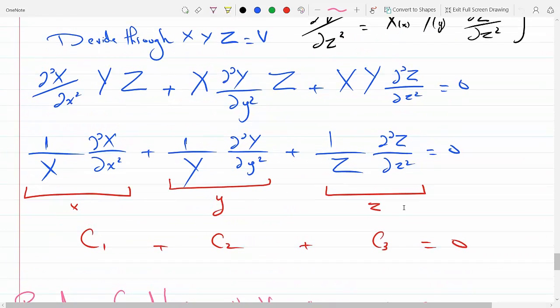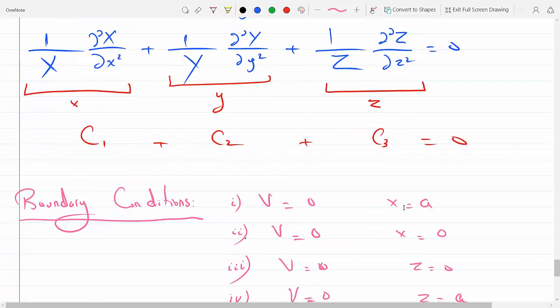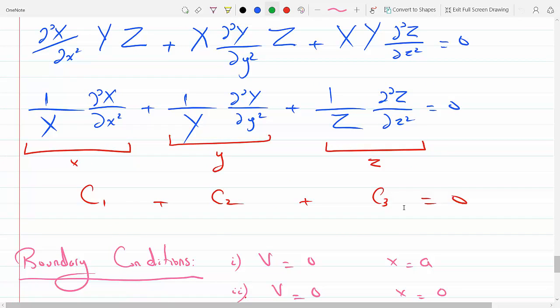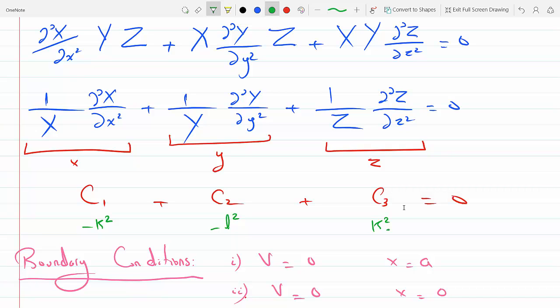Since those are 0, you would want the x and z terms to be sinusoidal. So you would label this minus k squared, for example, so that it can go to sines. I'll show you in a second that it does, and you can label this minus l squared. And if that's the case, if these have to add up to 0, then C3 will just have to be k squared plus l squared. You'll see in a second why I chose k squared instead of k and l squared instead of l.